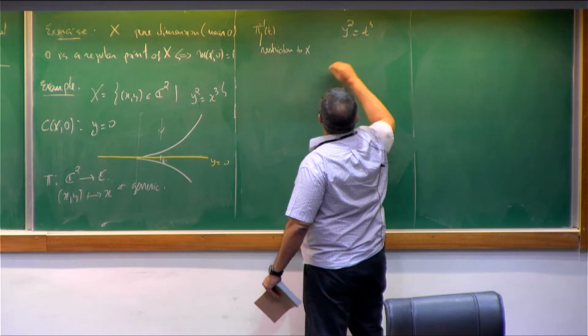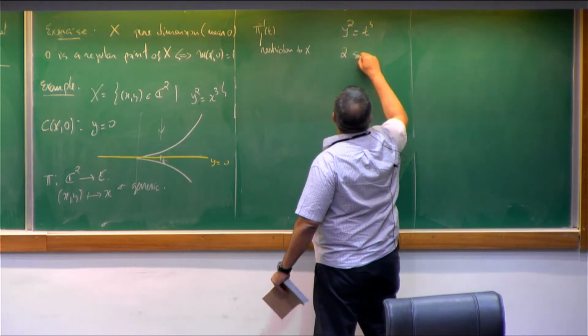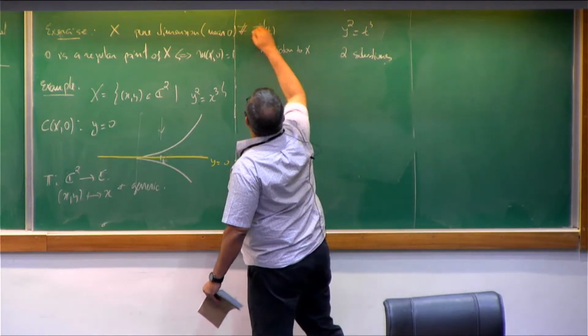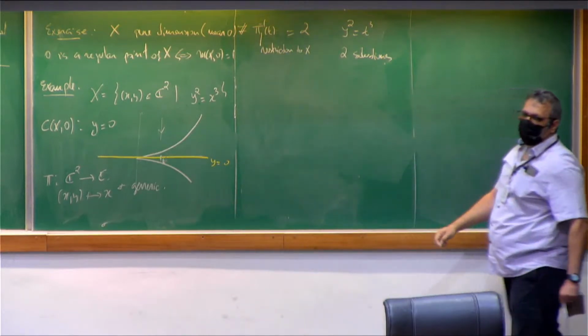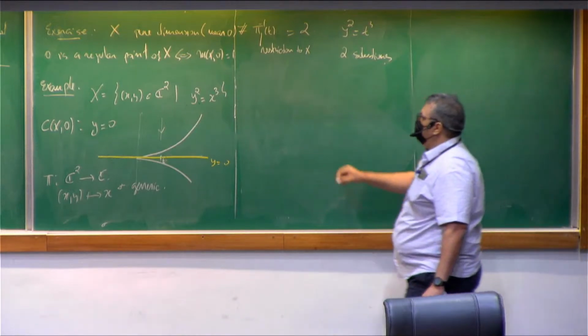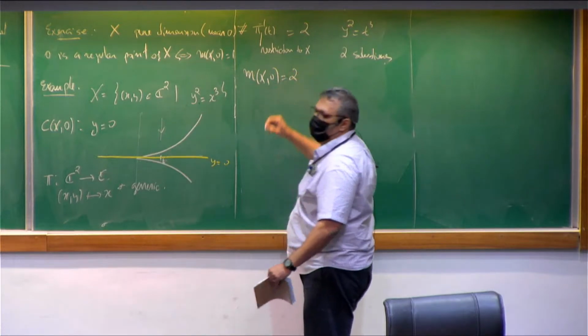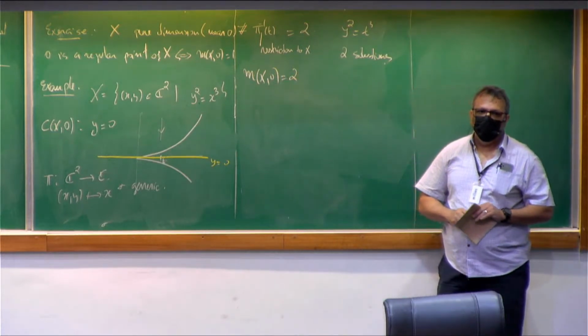This equation has two solutions, so this point has two pre-images here. Then our multiplicity is equal to 2.